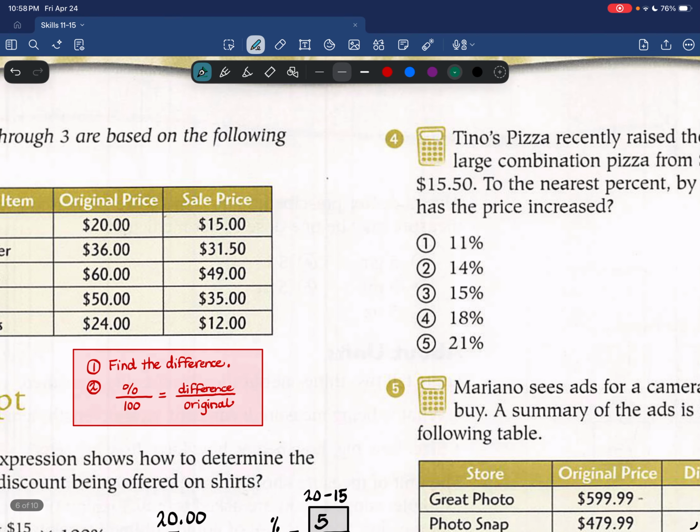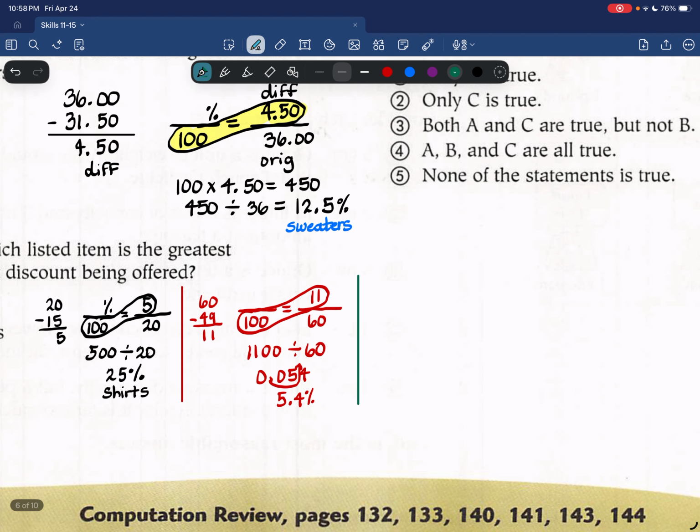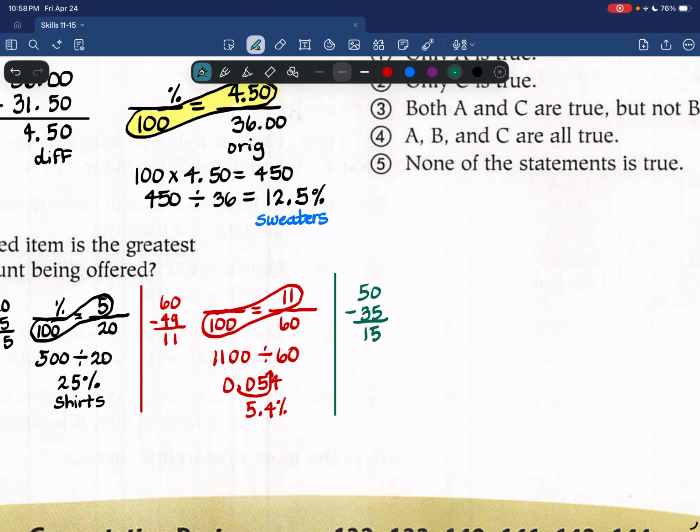Shoes. So we have 50 and 35 for shoes. That's a difference of $15. And so we put our proportion together with the difference over the original and our 100 here because we're looking for a percentage.